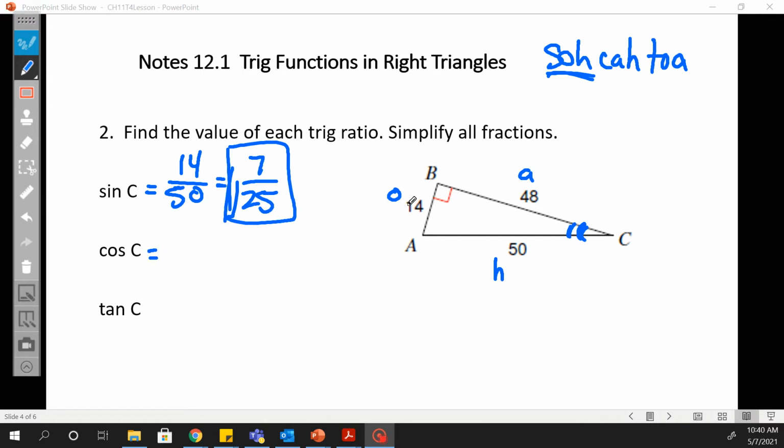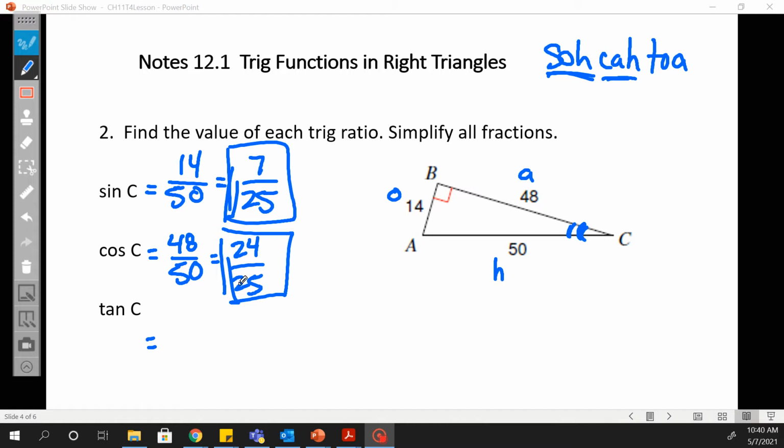Cosine of C, adjacent over hypotenuse, so 48 over 50. Those are both divisible by 2, so it is 24 over 25.